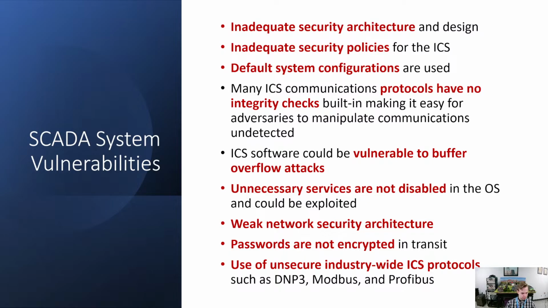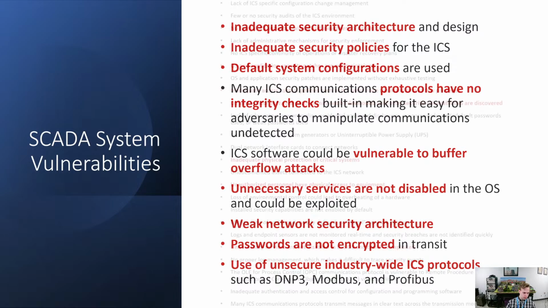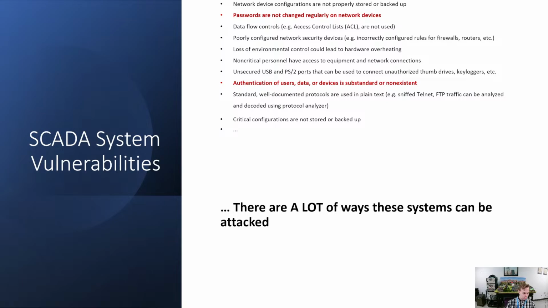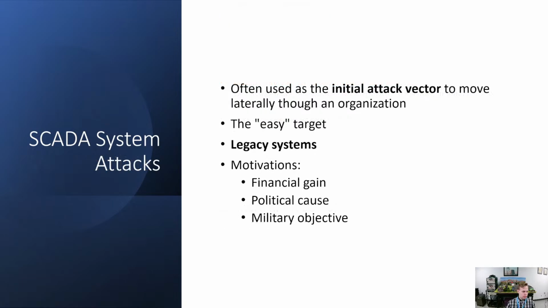And you might think this list is a lot, and I'd agree, but the list keeps going on and on. There are a lot of ways that these systems can be attacked, and a lot of different vulnerabilities to keep track of and to cover. So why are these systems even attacked in the first place?